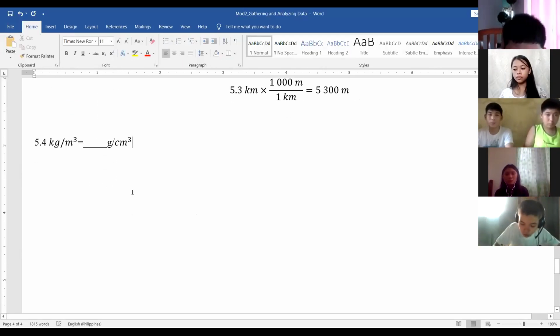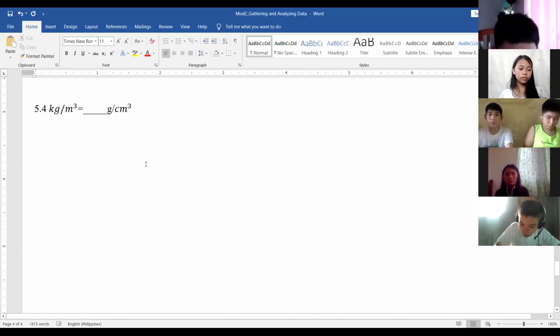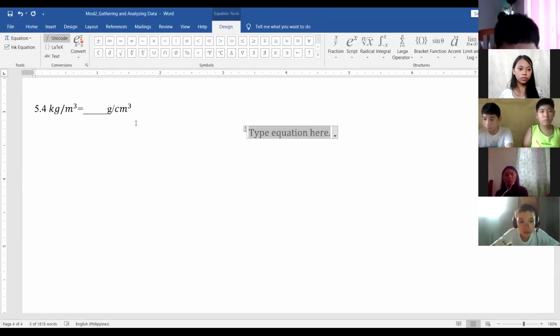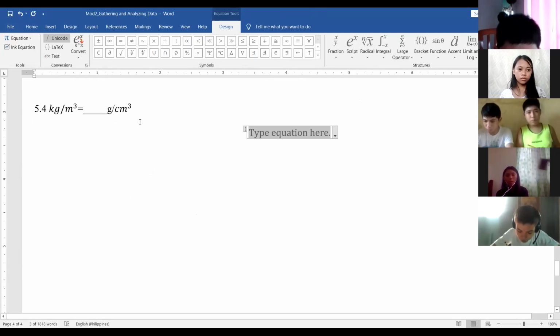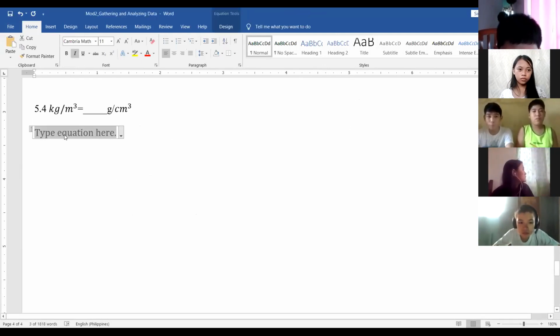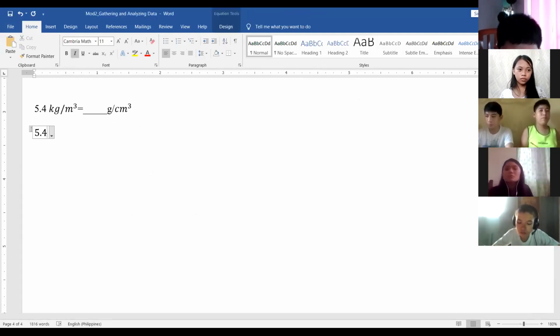We convert 5.4 kilograms per meter cube to grams per cm cube. So the solution there would be, we'll do this one here: 5.4 kilograms per meter cube.